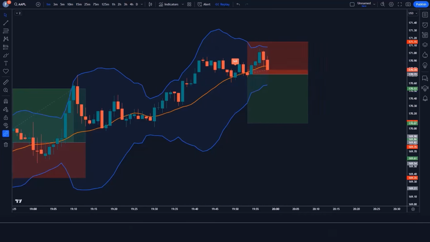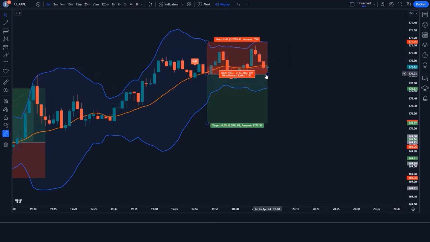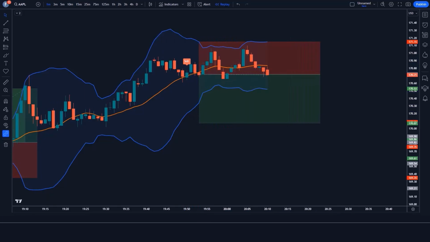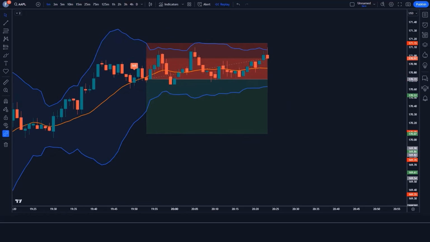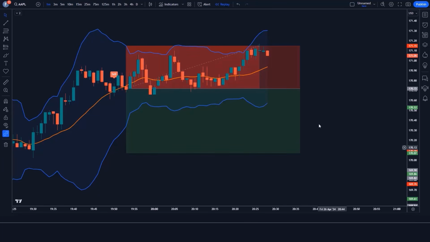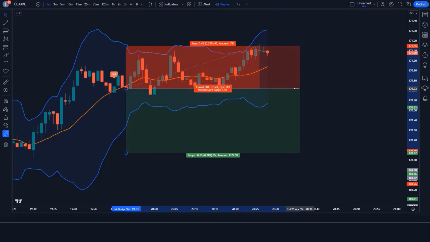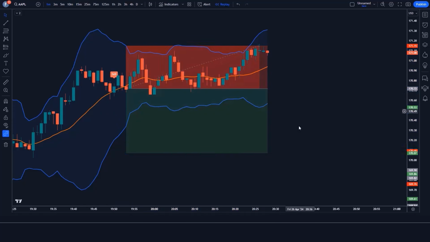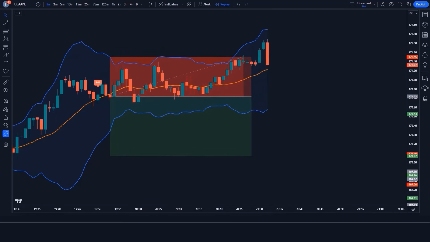Let's see what happens to our trade. We have lost this trade. Never mind, sometimes it happens in the market. We must remember one thing, that no strategy works 100% in the market. Let's find the next trade.